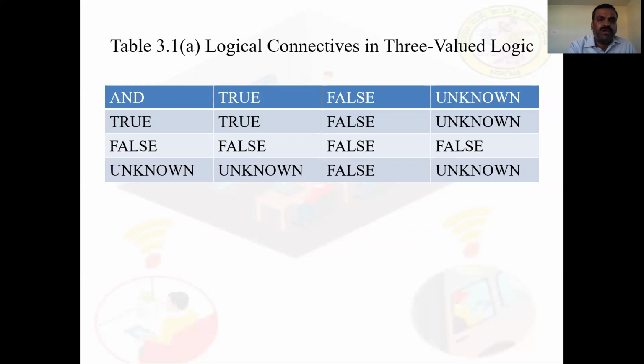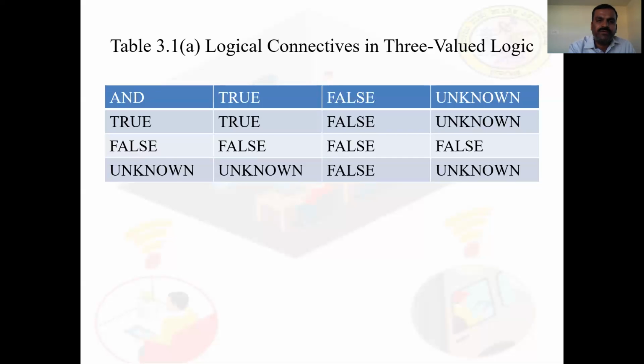True AND true, result true. True AND false becomes false. True AND unknown, unknown. False AND true becomes false.